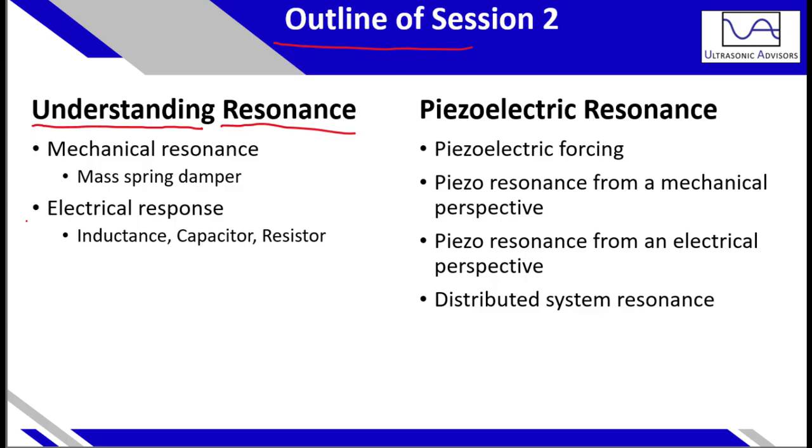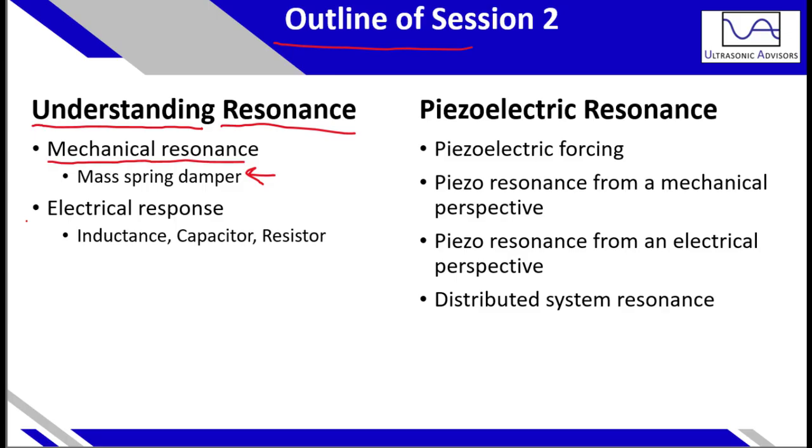So we'll talk about the two types of resonance or resonator behavior that we find, both obviously in piezoelectric devices. The first is mechanical resonance, and that happens in a mass spring damper system, boiling that down to the very basic level.